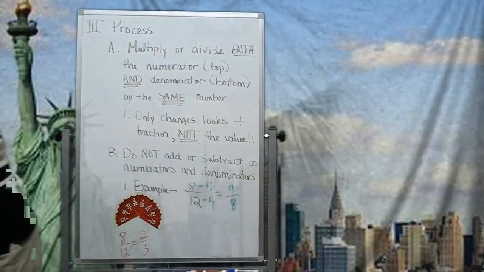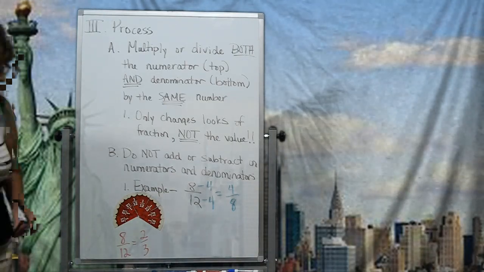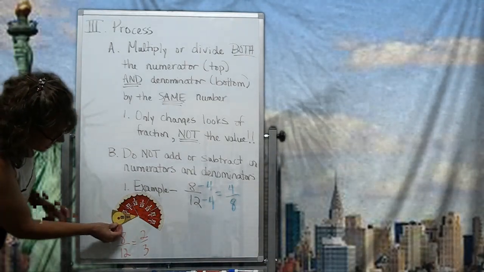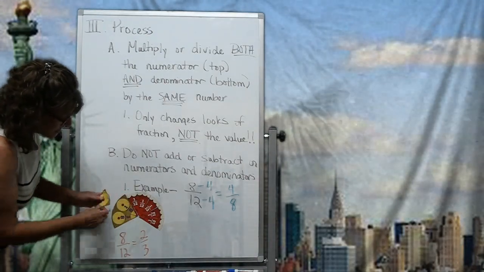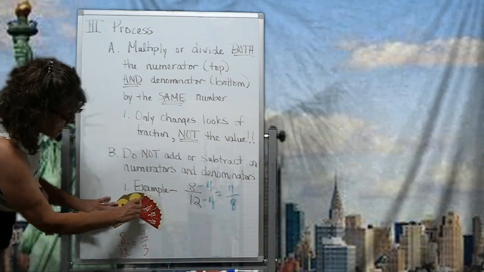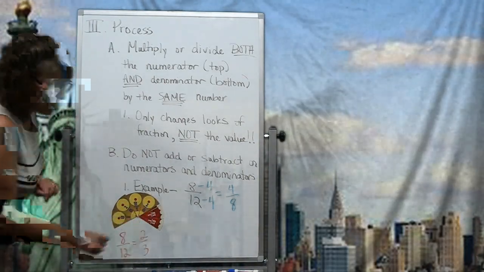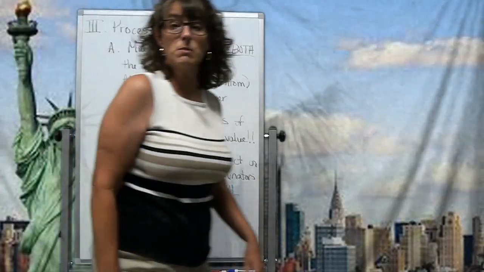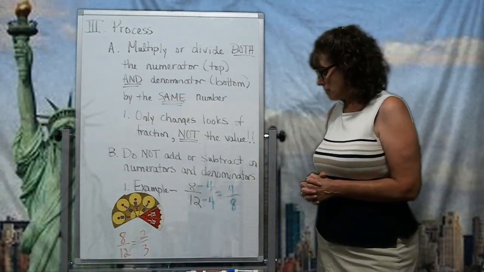Well, let me get my 8ths pieces and demonstrate to you why no, this cannot happen. Here's an 8th. Remember, they need to take up the same space for them to be equivalent. There's 3 of the 8ths. I don't even have to get the 4th 8th. You can see, no, they do not take up the same space at all. And for them to be equivalent fractions, they have to take up the same space.